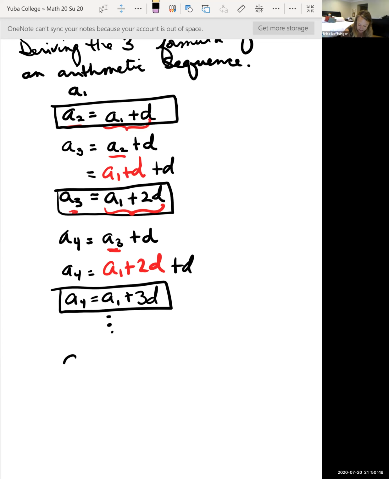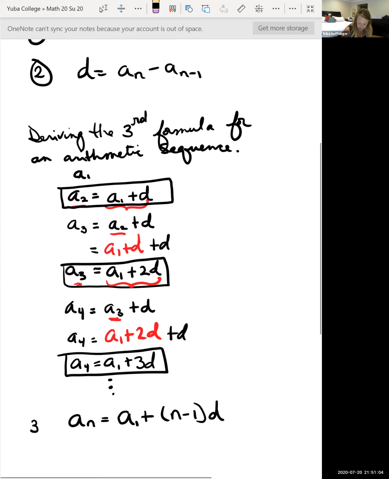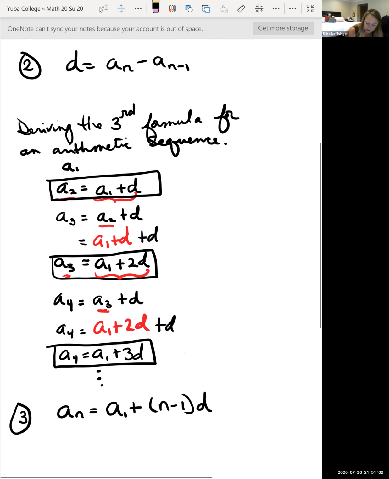So a sub n is equal to the first term plus n minus 1 times d. So this is the third formula that is going to be really useful when we're solving some of these problems.